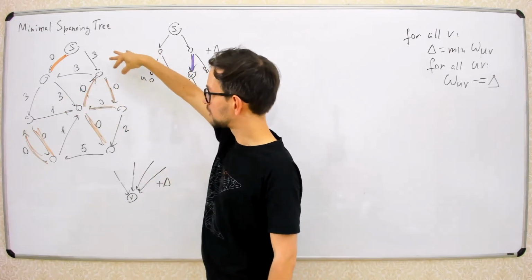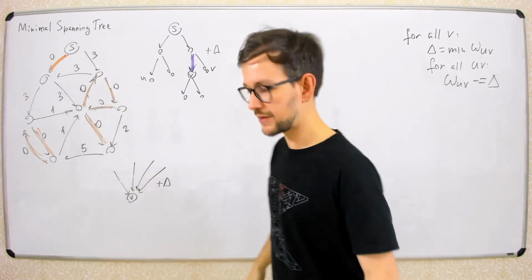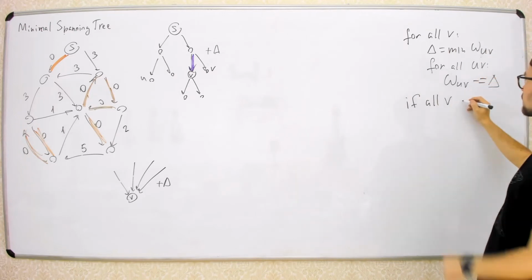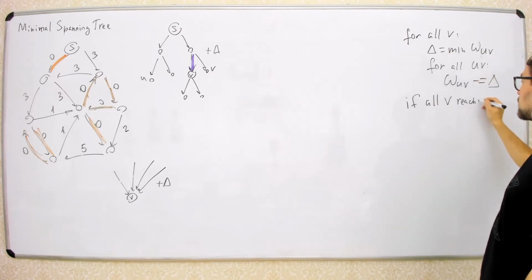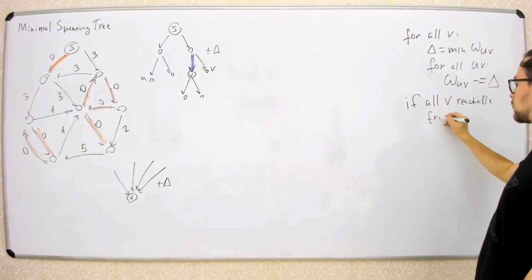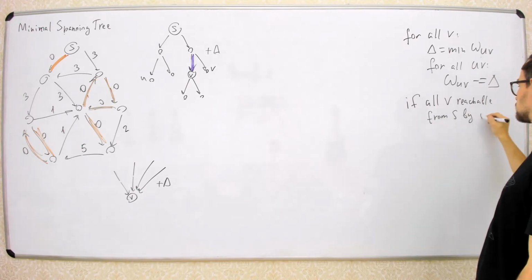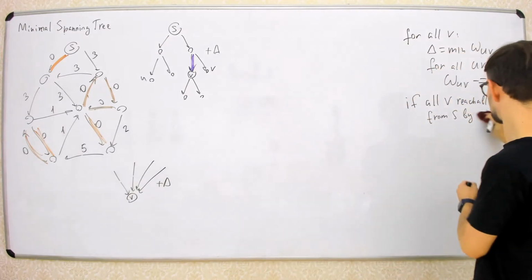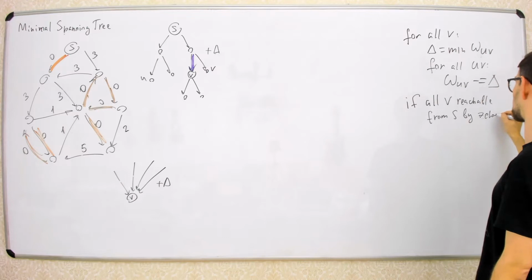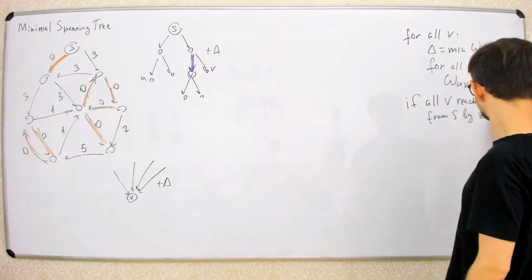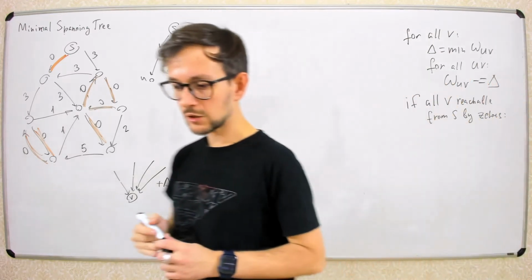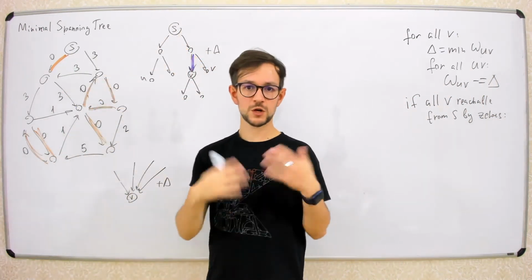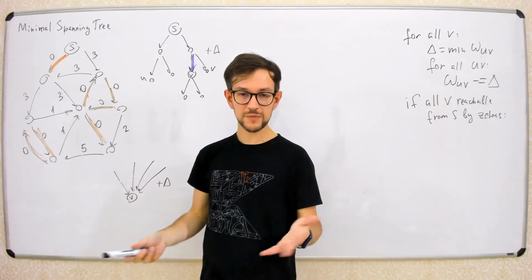If every node is reachable from S using only these zeros, if you can reach every node from the node S using only zeros, then I claim that the answer is actually 0.